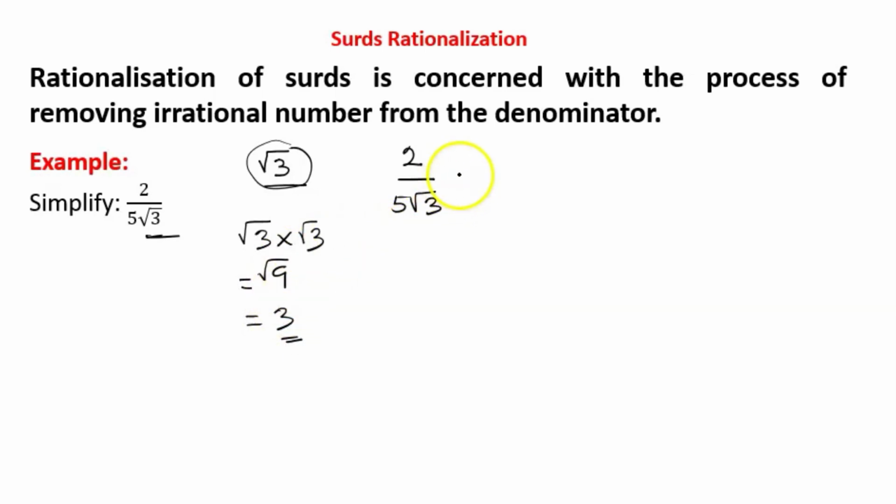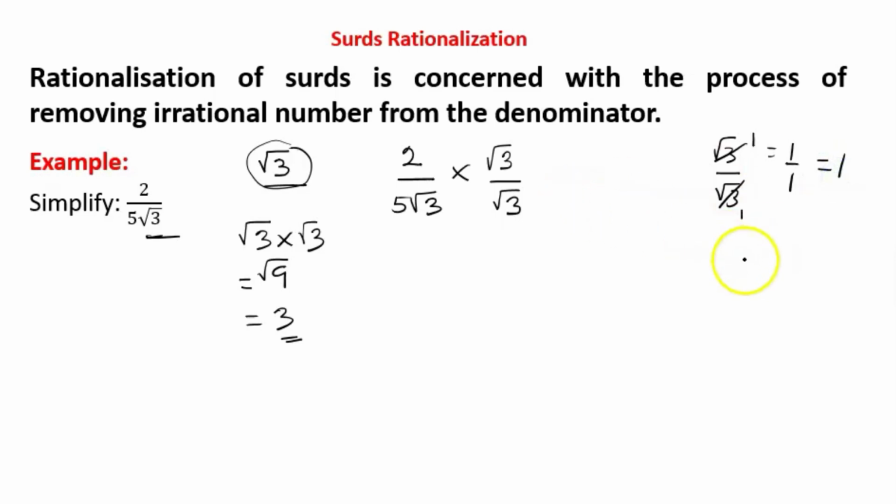So what do I do? You simply multiply both the numerator and the denominator by that, because you can't multiply only the denominator, you are going to alter the expression given. But root 3 over root 3 is as good as multiplying this expression by 1, because root 3 divided by root 3 is 1 over 1, which is 1.